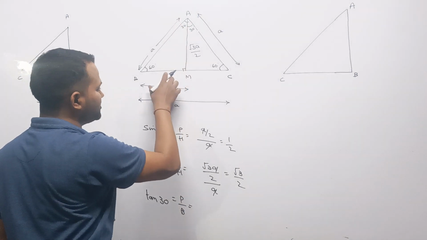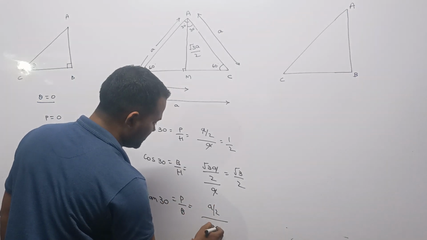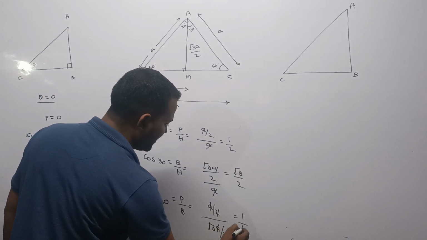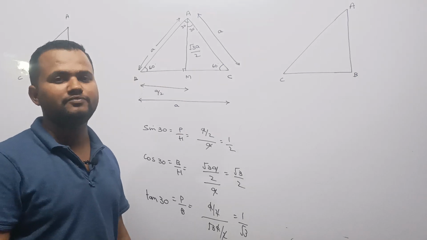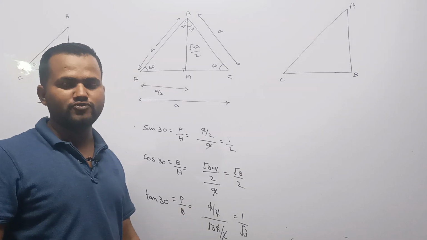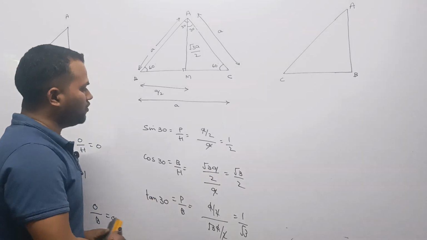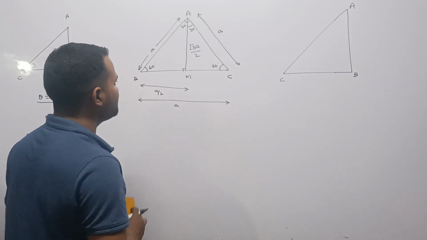The perpendicular is A by 2 and the base is root 3A by 2, so it will be equal to 1 by root 3. Similarly, the values of 30 degrees for the other remaining T ratios can be found by following the very same step.